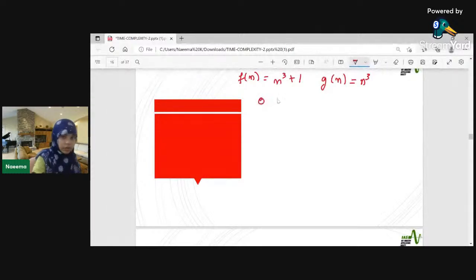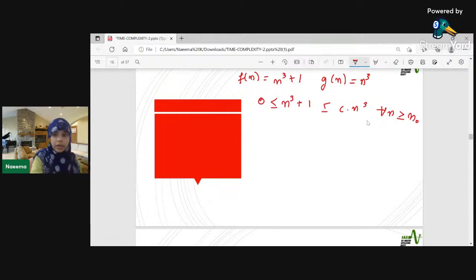So my equation is going to look like 0 is less than or equal to n cube plus 1, less than or equal to c n cube for all n greater than or equal to n naught. Again, we have to find a constant c such that the equation is satisfied.